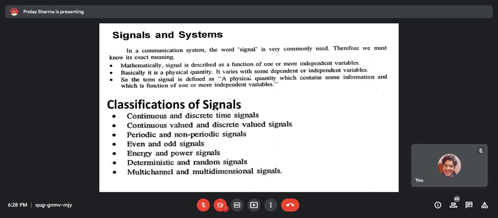So the signal can be defined this way: a physical quantity which contains some information and which is a function of one or more independent variables. So one or more independent variables, how is it possible?